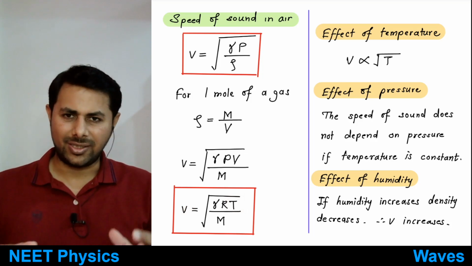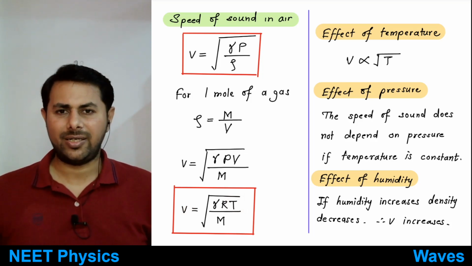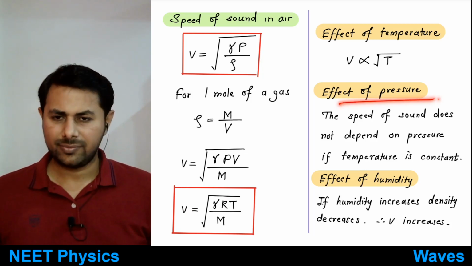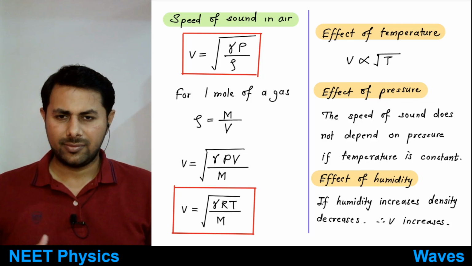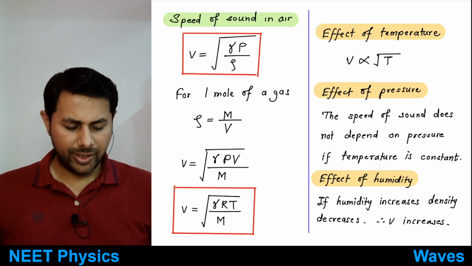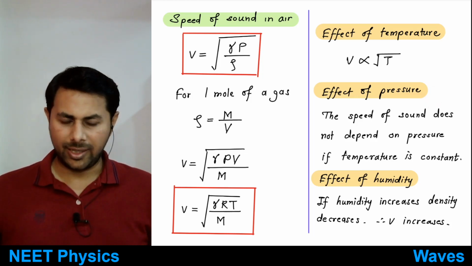But if pressure changes and there is no change in temperature, will the speed change? The speed will not change, right? This thing is clear. So if the temperature remains constant, there won't be any change in the speed of sound in air.